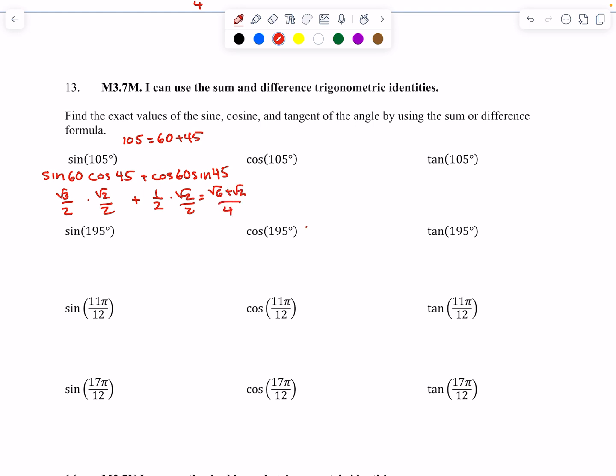I'm gonna go to this one. 195, so watch, if it ends in 5, look for 45s or 135s.